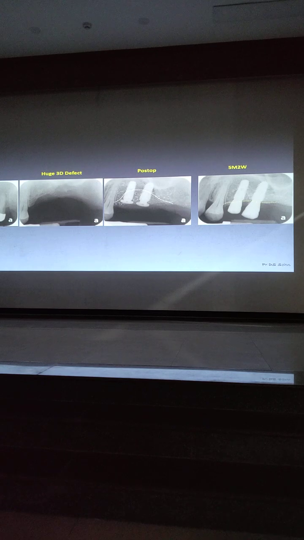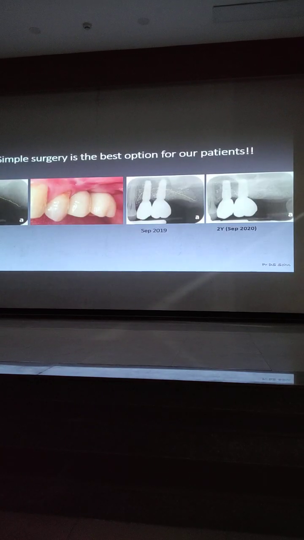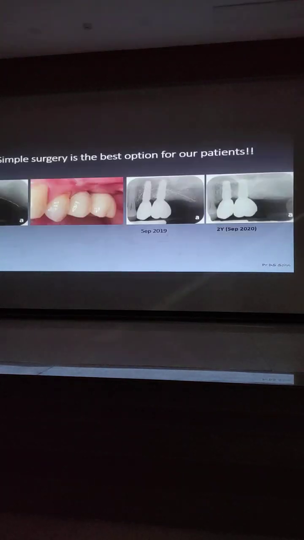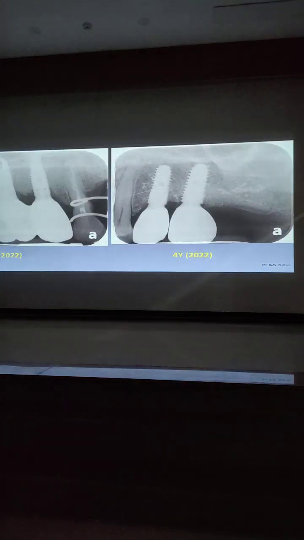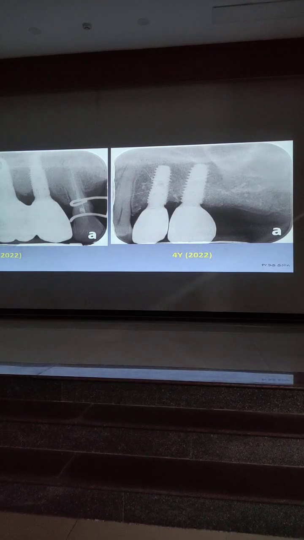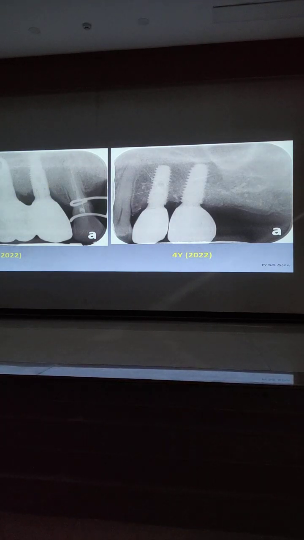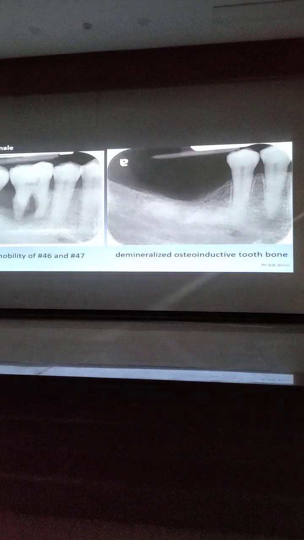Now you can see bone degeneration already happened. This is the follow-up. I did not use the tooth bone on the right side, so you can see some remodeling of marginal bone. There is no remodeling of marginal bone on the upper side.